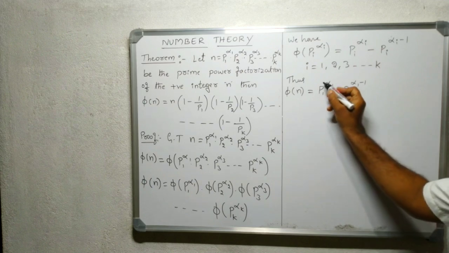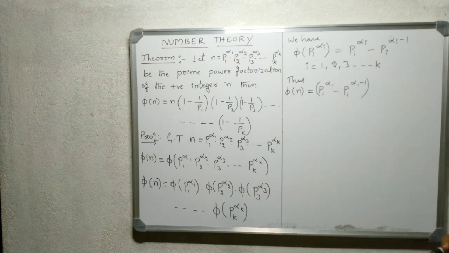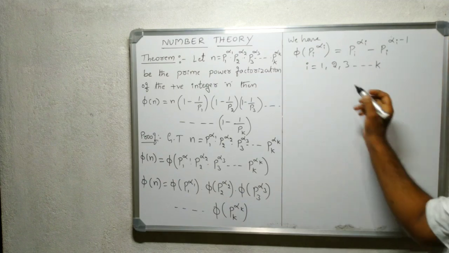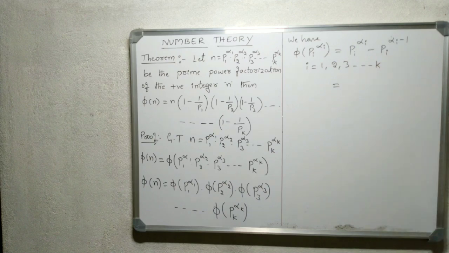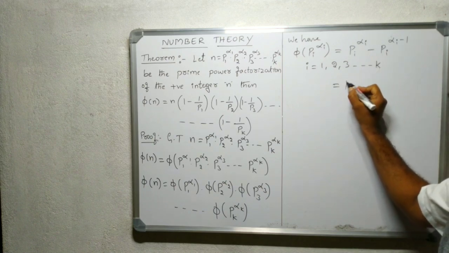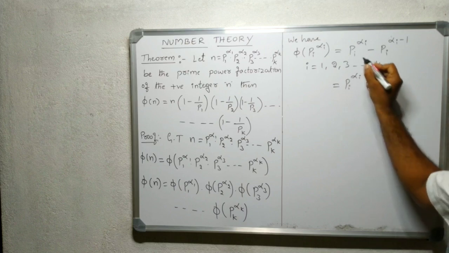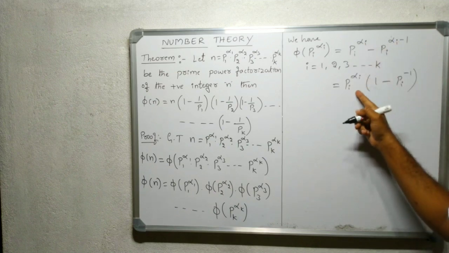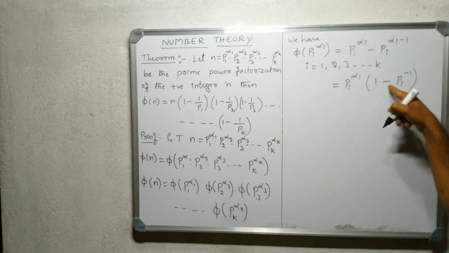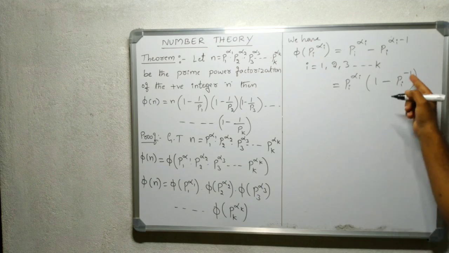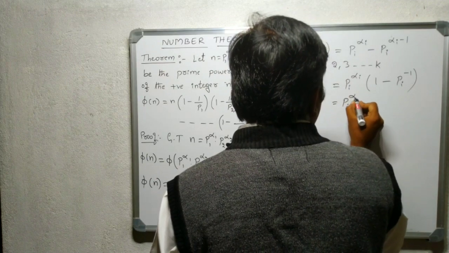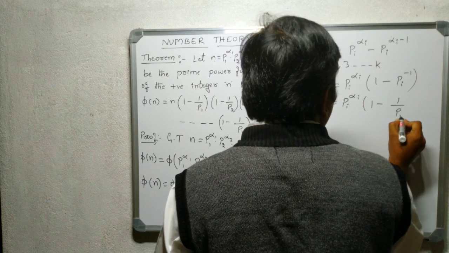See, we would have to write each one like this, changing and applying and solving for each. Instead of that, we can use a simpler form here, that is: here take pi to the power of alpha i as common. Pi to the power of alpha i as common, that gives 1 minus pi to the power of minus 1. I have taken pi to the power of alpha as common; when pi to the power of alpha i is taken common, 1 remains minus pi to the power of minus 1. So pi to the power of minus 1 in the sense 1 divided by pi. So this can be written as pi to the power of alpha i into 1 minus 1 divided by pi.